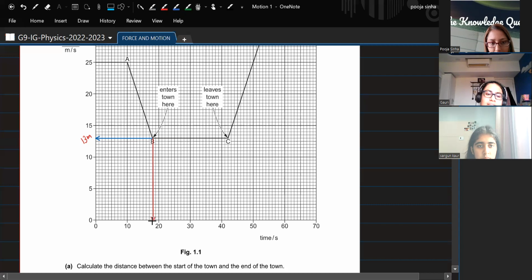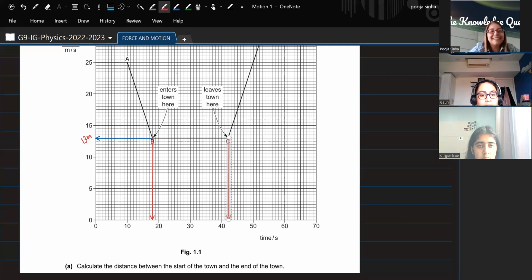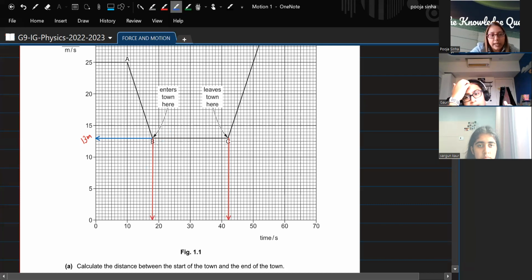But exactly, I think there could also be another way to do it. Since we have the speed which is constant, if we just multiply the speed and the time, we can get the distance. And if I find the area, what area am I finding?